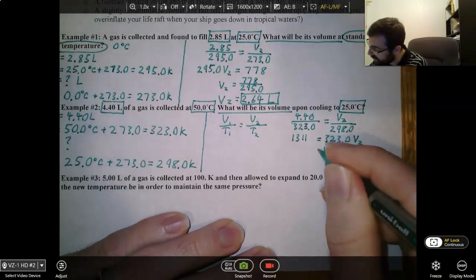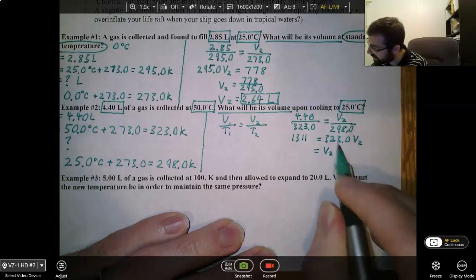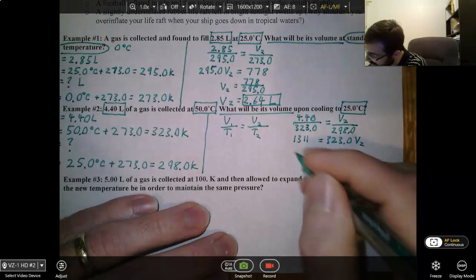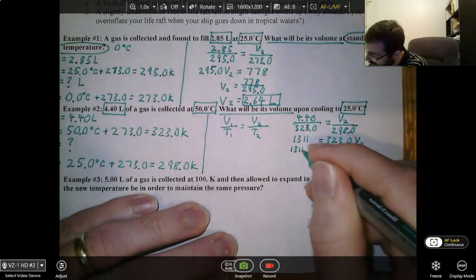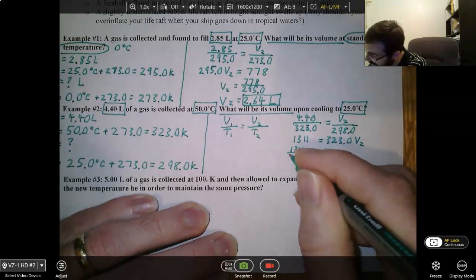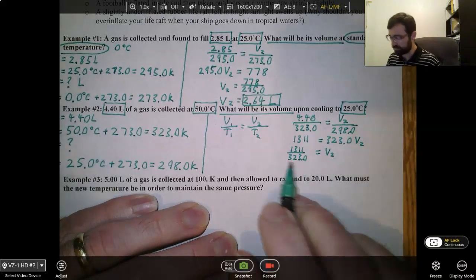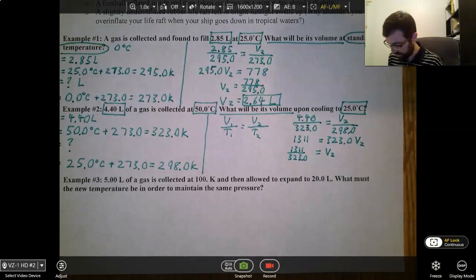Okay, I want to solve for V2. In order to get V2 by itself like this, I need to divide both sides by 323. So V2 equals 1311 over 323.0.